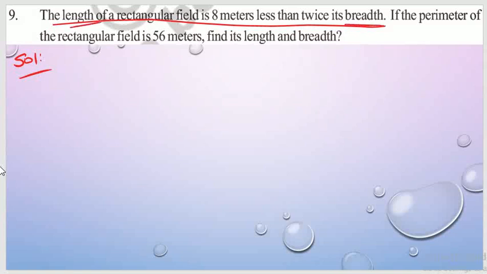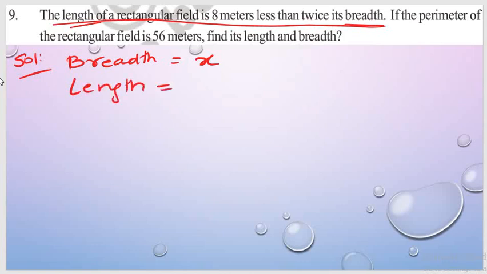Whenever there is a comparison, first of all, whatever we are comparing to, we need to consider that as x. Then automatically we are going to get the other value. So what will be the length? Length is 8 meters less, and 8 meters less means minus 8.